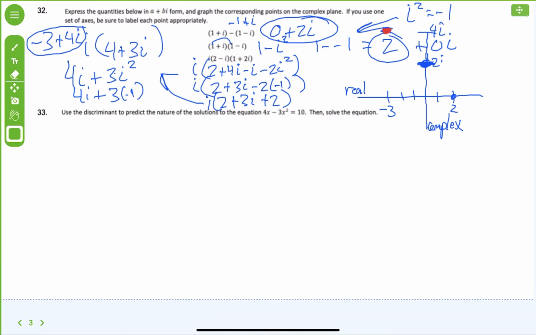This is negative 3 plus 4i. This is just our 2i. And then this is just our 2.